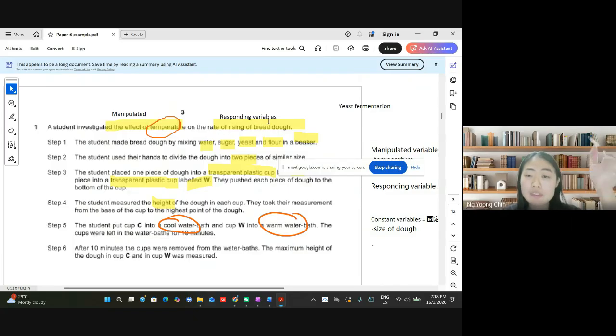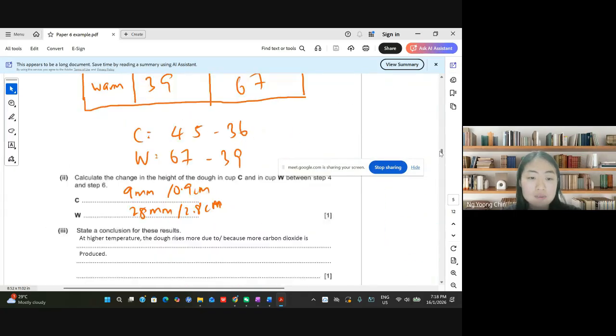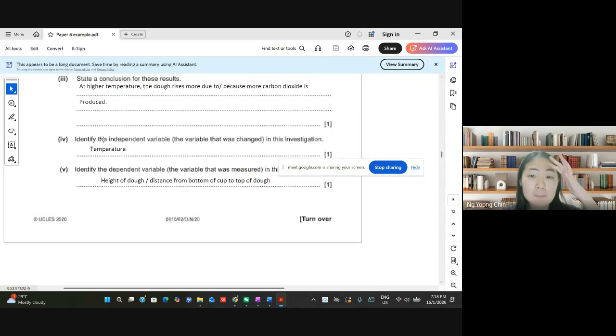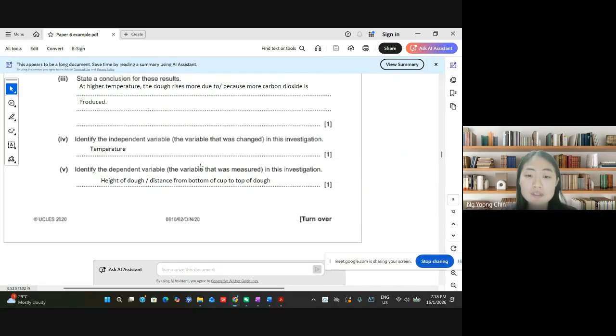And then another one, the responding variable. You need to identify the dependent variable. The dependent variable refers to the variable that will be measured in this investigation.